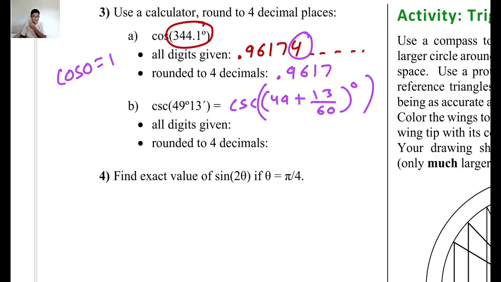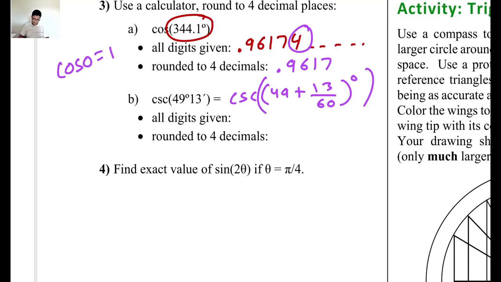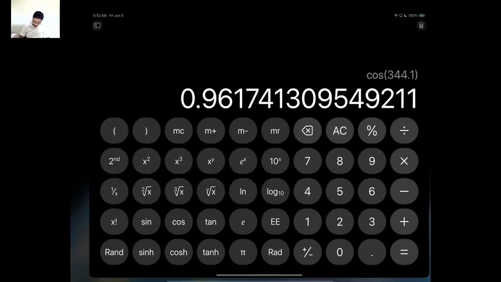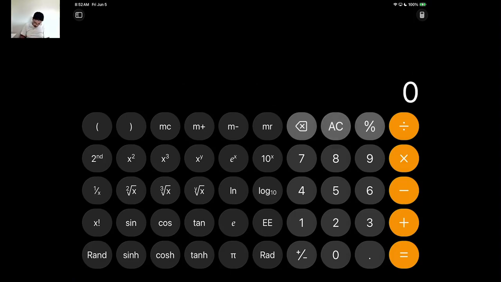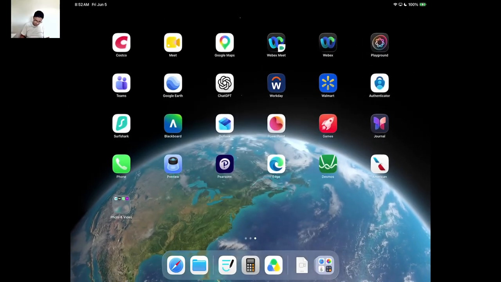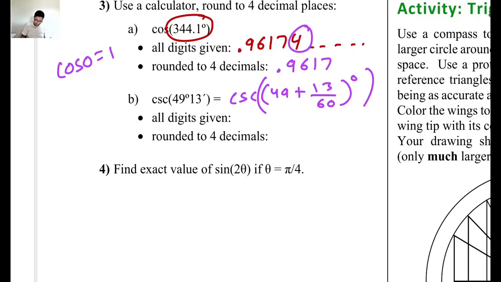That is the expression I am evaluating on the calculator. A typical calculator is not going to have cosec.